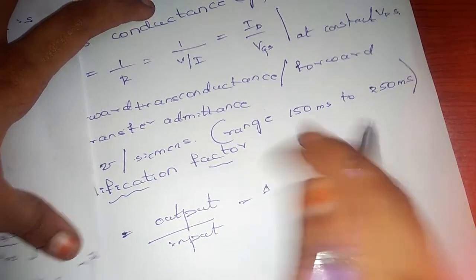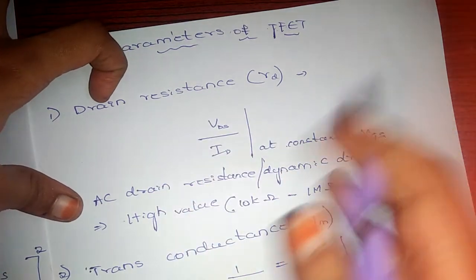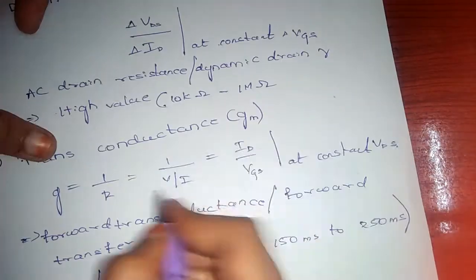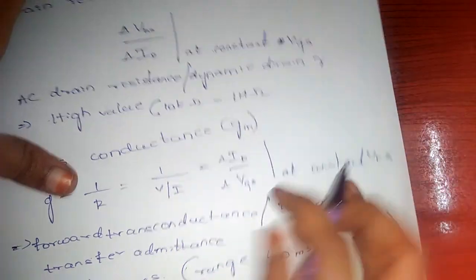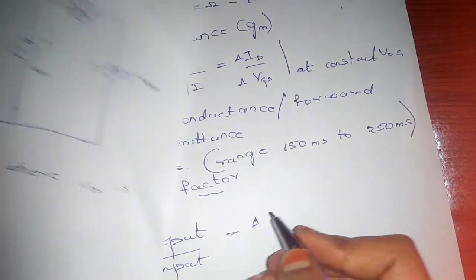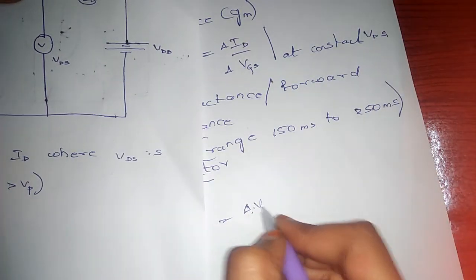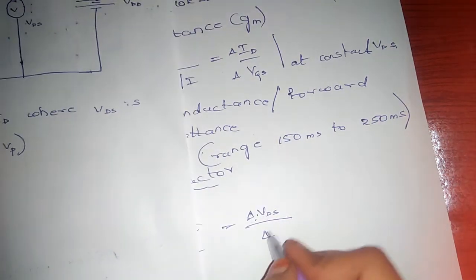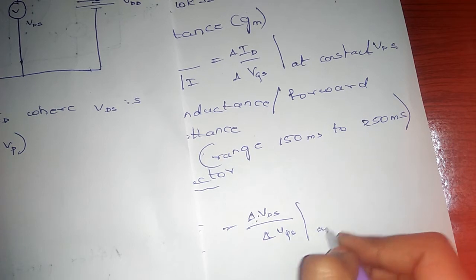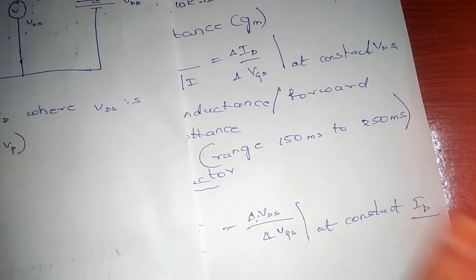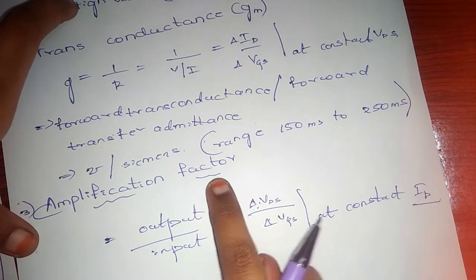Since the JFET continuously changes, we take the change of VDS by the change of VGS input. The condition applied here is constant ID. Drain current should be constant here. So this is the amplification factor.